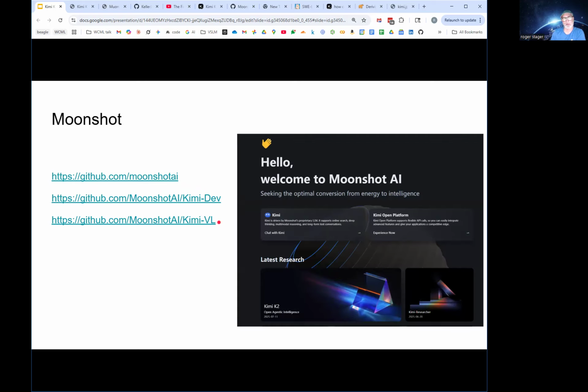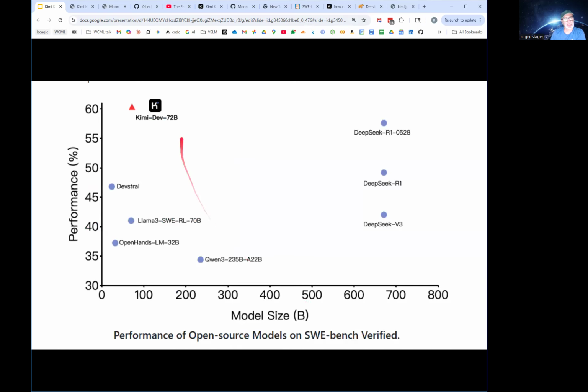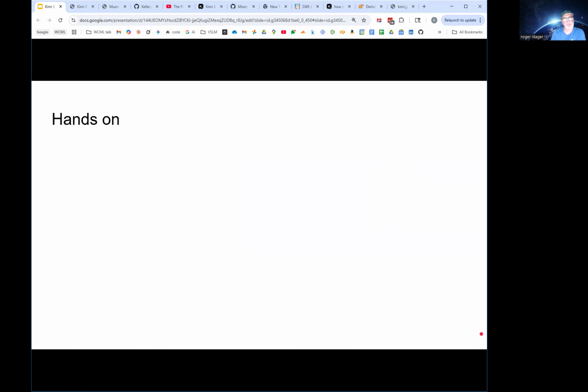I guess that's maybe a smaller, earlier model that's available. On the dev side, the claim here is that for a smaller model, it looks like these are mostly open source, they have a leadership position in the performance for the SWE bench. So good position there. And then hands-on, I think we'll just skip for tonight.